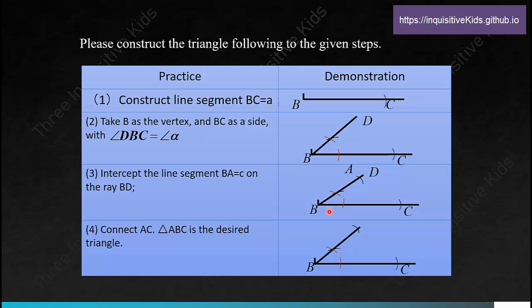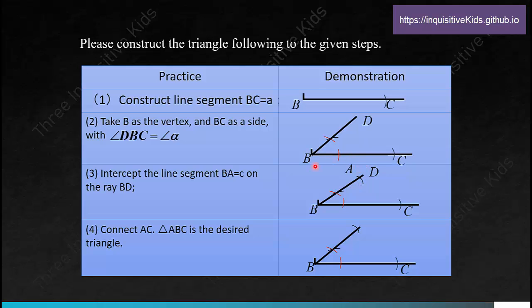Well, just make that arc over here, and remember the distance of this arc, how wide the compass is used to make this arc, has to be the same before measuring. So before you make this arc, you have to measure how long it is from the original A to B, and then take that length to come over to this triangle, and then make an arc with it, and make it intersect ray BD.